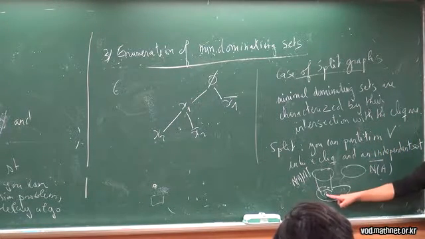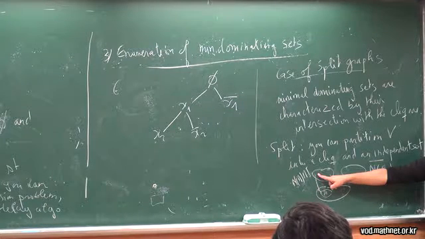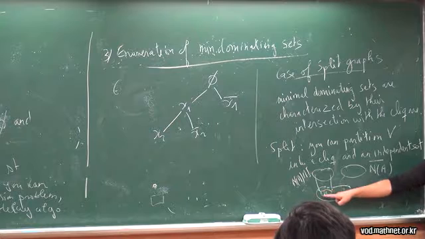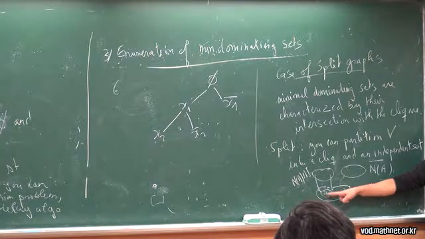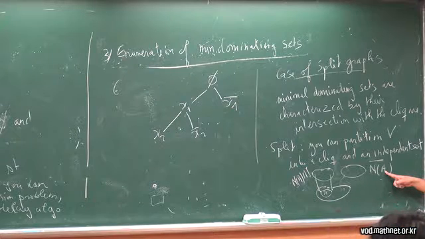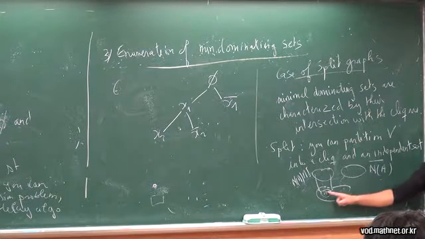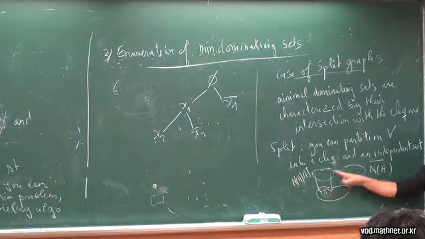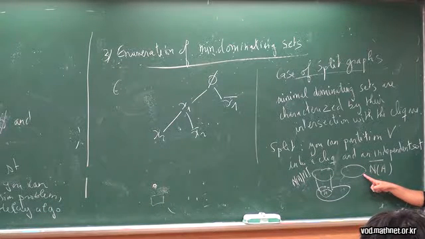If everyone in A has a private neighbor, that is adjacent only to this one vertex, and you put this one, then you have a minimal dominating set. And if you take any subset of A, you can again define another minimal dominating set.